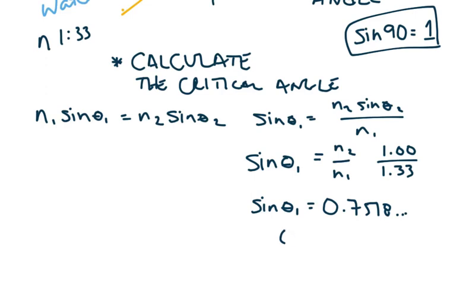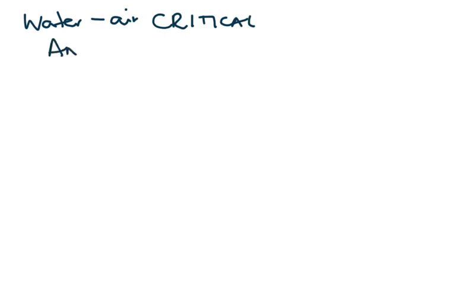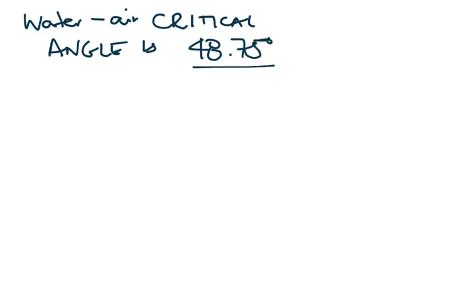And then to find theta, I have to hit the inverse sine button, correct? And that gives you, what was it, 48.75 degrees. Does that make a bit of sense? So you can say that the water to air critical angle is 48.75 degrees.